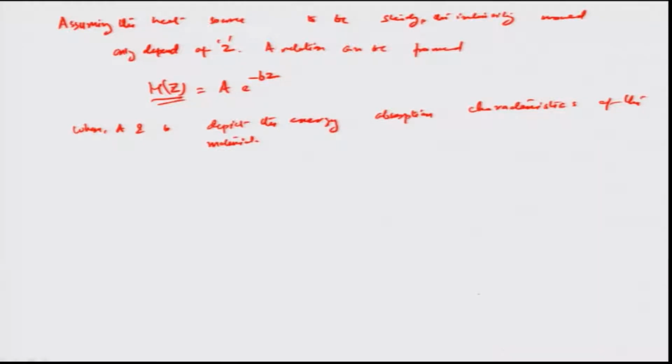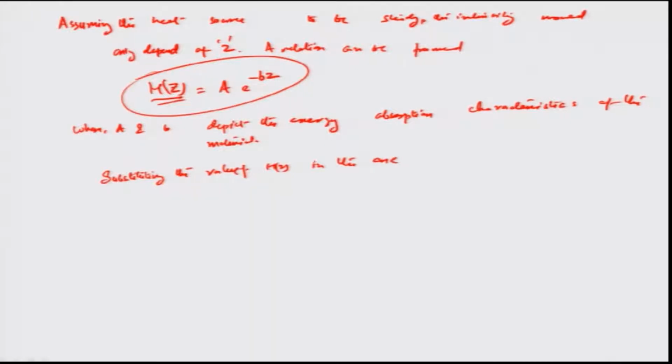So, if I just wanted to substitute this value back into the governing equation that I had earlier outlaid. So, substituting the value of H(z) in the one dimensional heat conduction equation, we get this d theta as a function of z and t by dt.